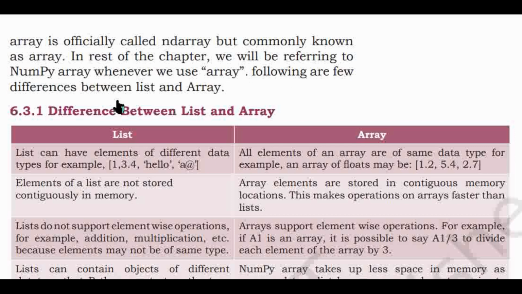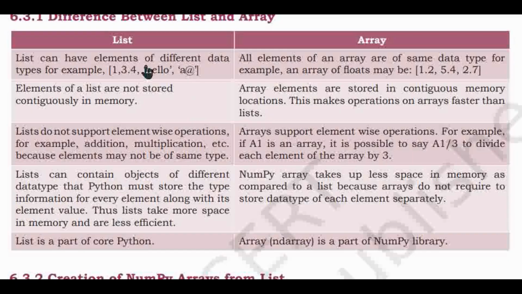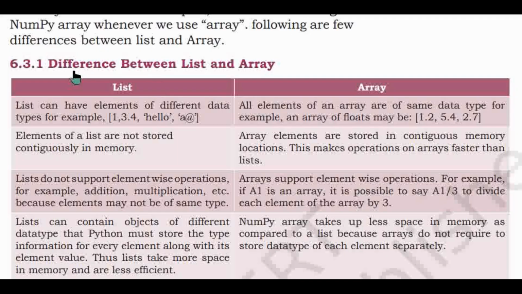Following are few differences between list and array. Difference between list and array. List can have elements of different data types. For example, 1, 3.4, hello, a.